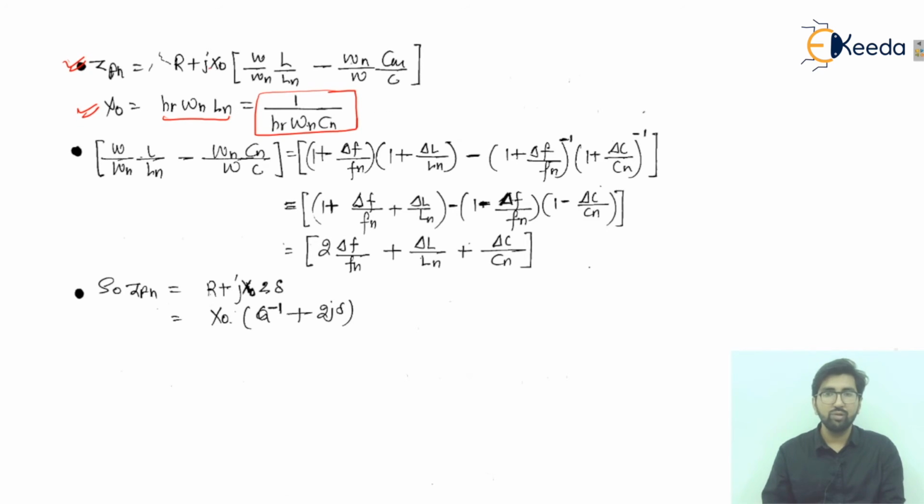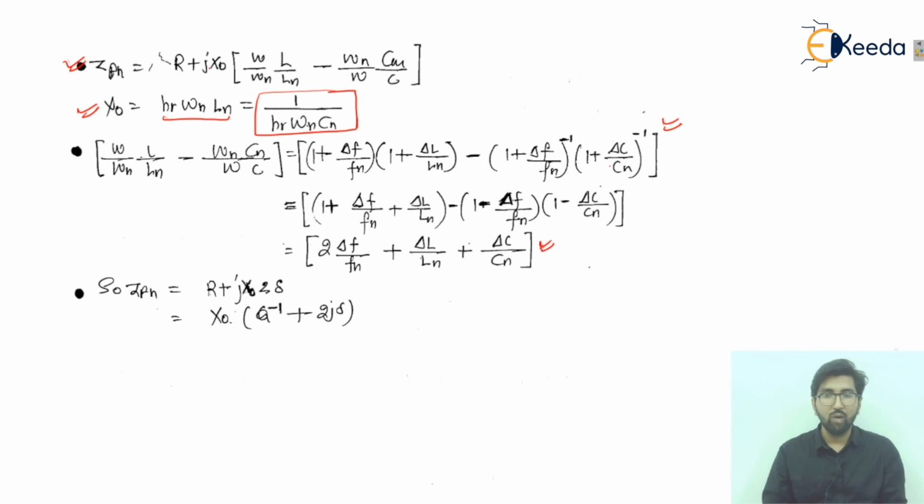This right side is comparable with the equation, so we take the imaginary part and equate it. After simple manipulation and calculation, you are going to get 2 delta f upon fn plus delta L upon ln plus delta c upon cn.